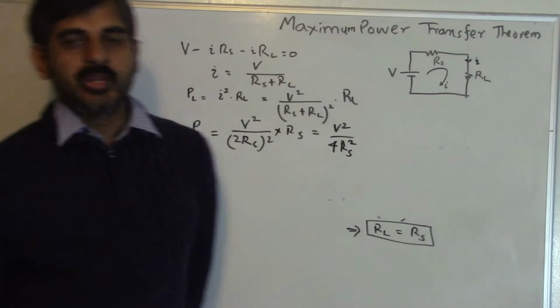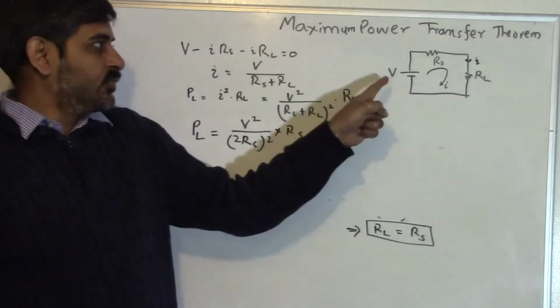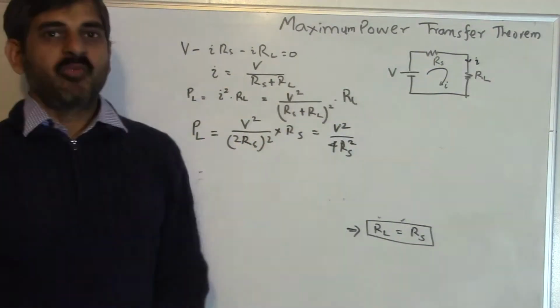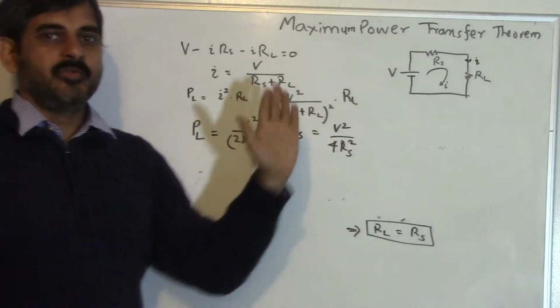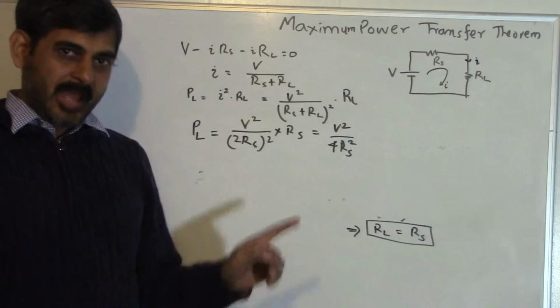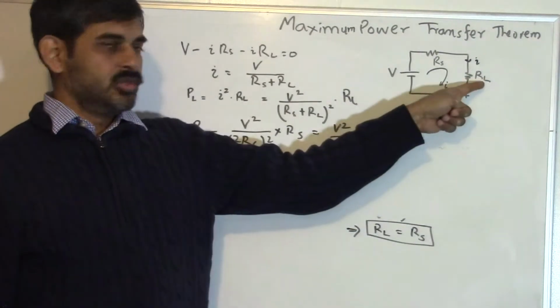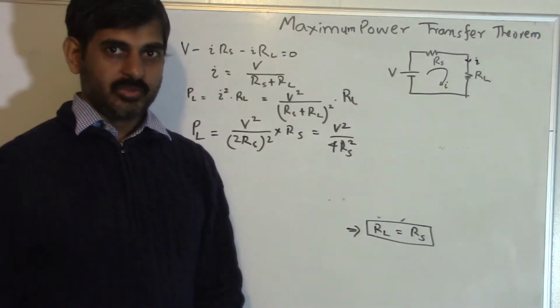So all you need to do is find V and the source resistor. That will give you the value of the maximum power delivered, but that will be maximum only when you choose the right value of this load resistor.